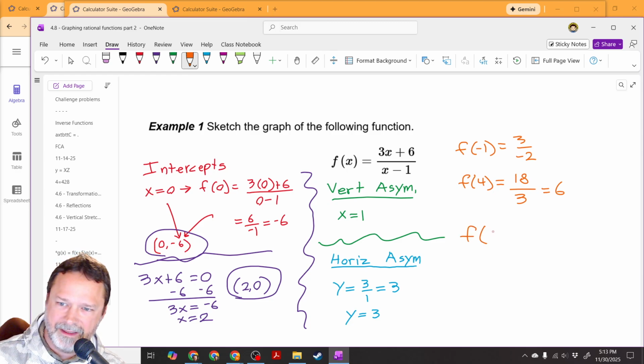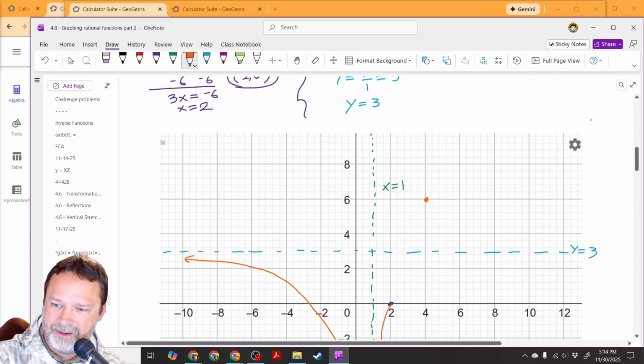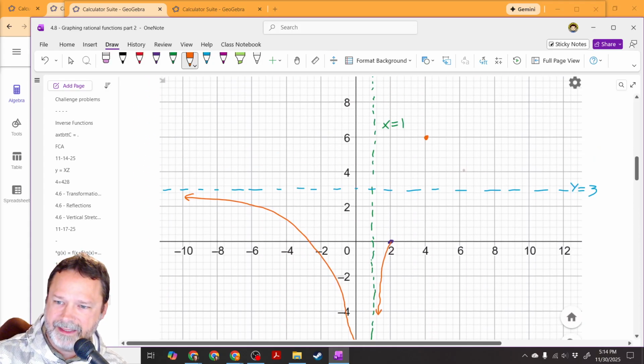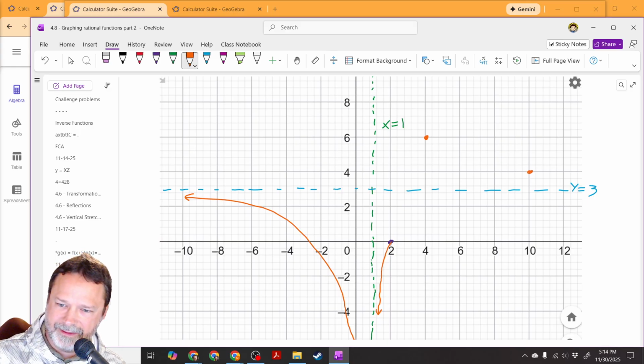What's f of 10? That's going to be 36 over 9. That's going to be 4. Okay. So that's interesting. It looks like in this case, we're actually getting something more like this.